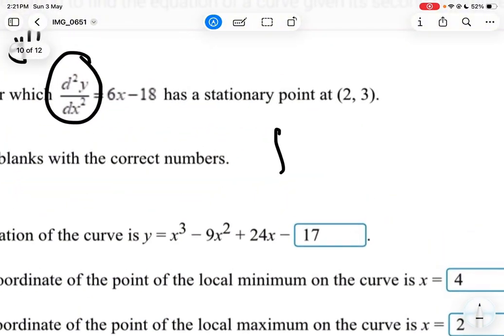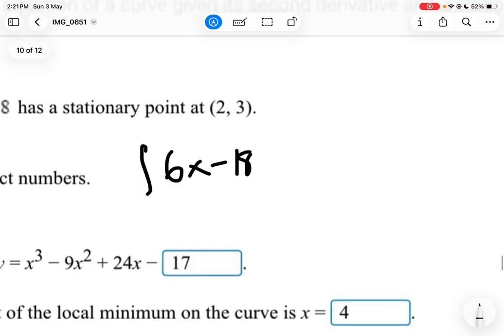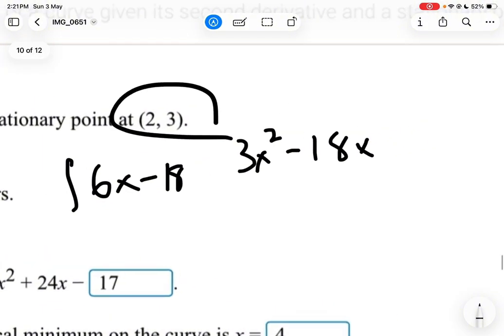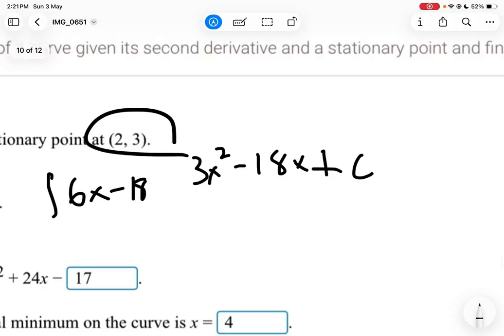The integral of 6x minus 18 is 6x squared over 2, which is 3x squared minus 18x, plus c. In order to find c, you have to put in the points. This is x and this is y. But for the first one, you put it equal to 0 and take x as 2.